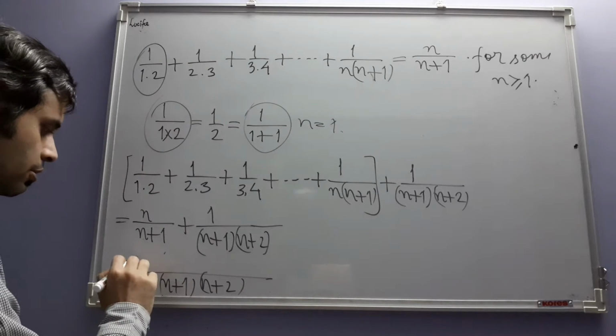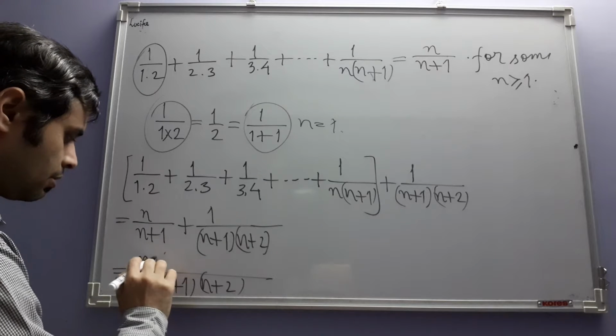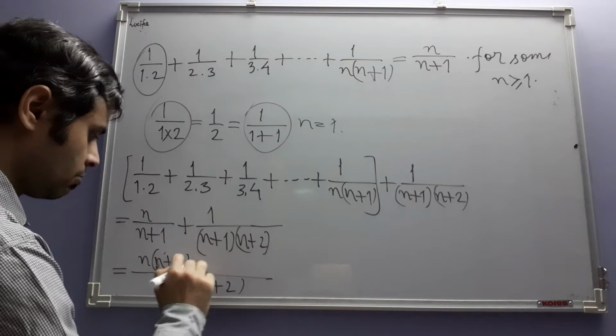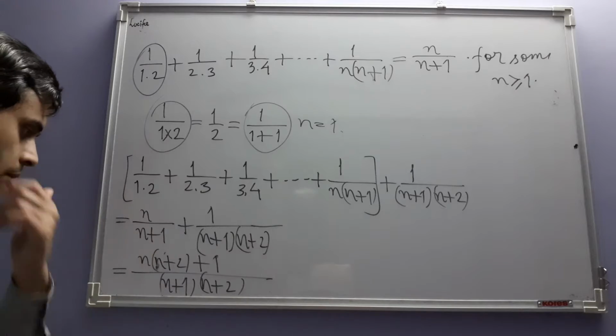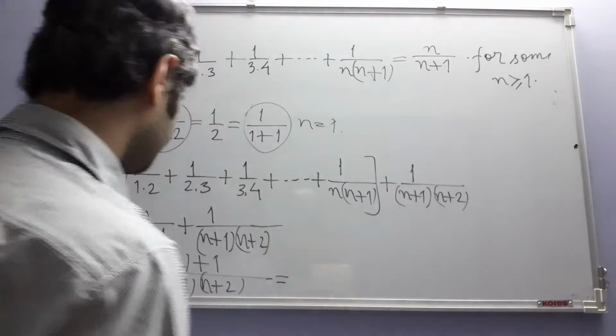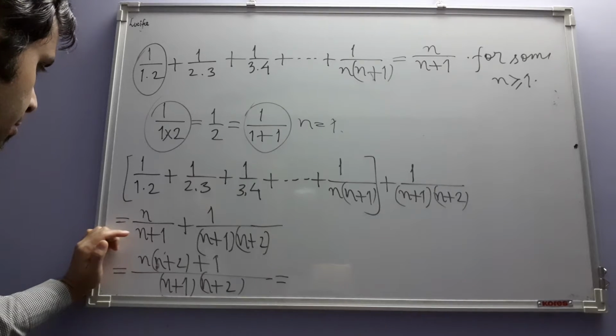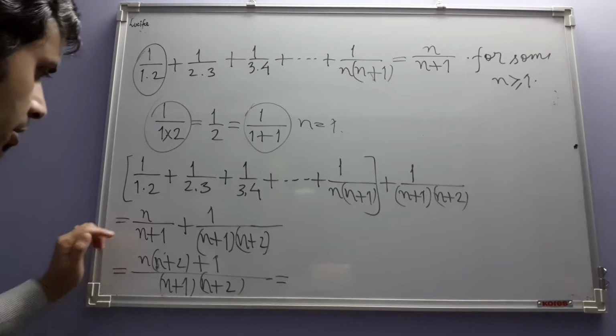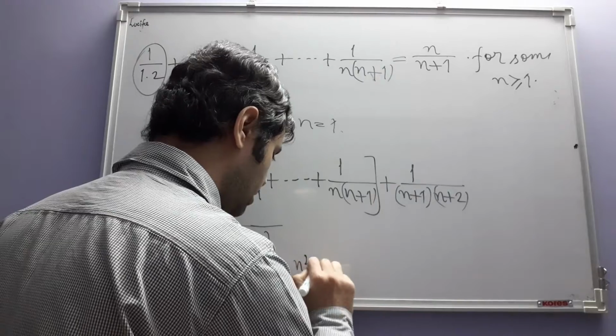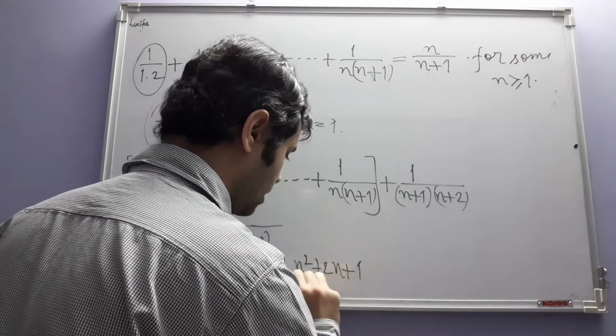N plus 2, so this becomes n times n plus 2 plus 1. So what does it give me? N square plus 2n plus 1.